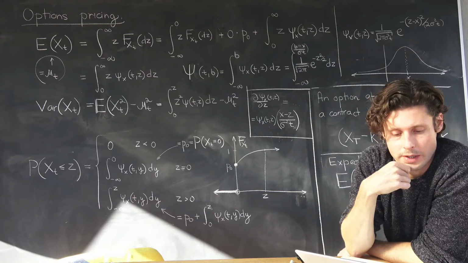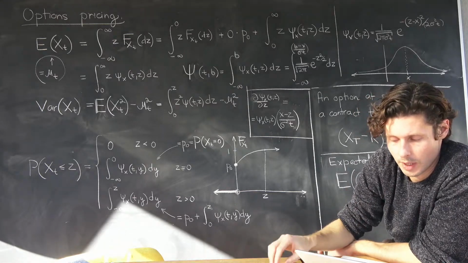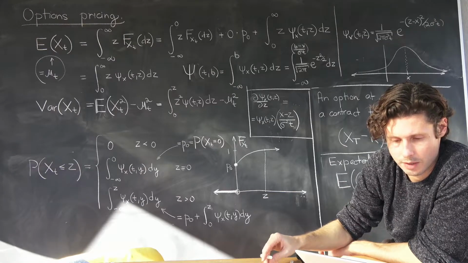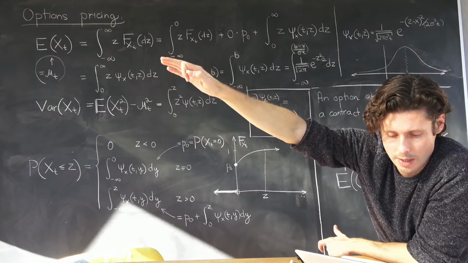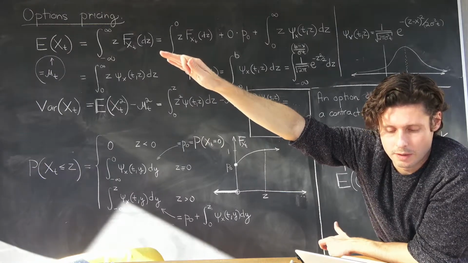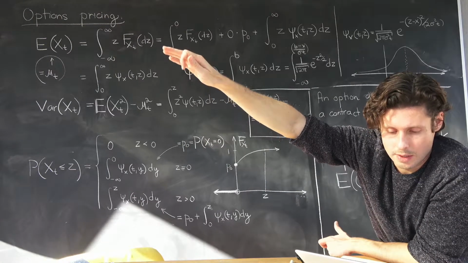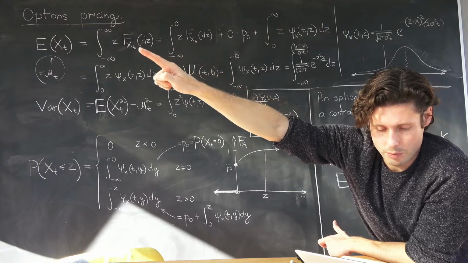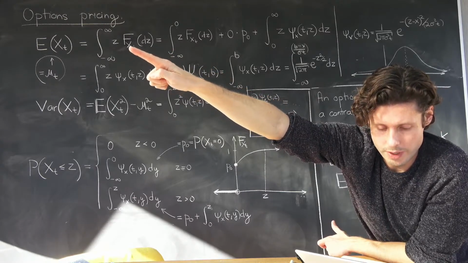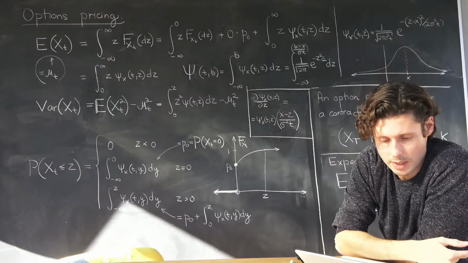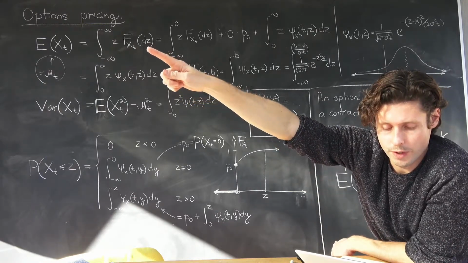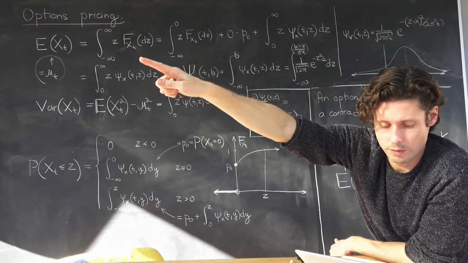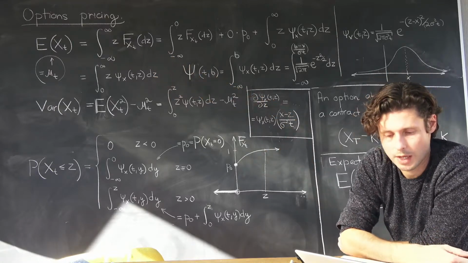And here, I just want to point out some of the technical challenges that you could come across. The first thing is you can always write an expectation as the value of the random variable, which here I've denoted by z, integrated against the cumulative distribution function. This is just notation for what that expectation actually is.